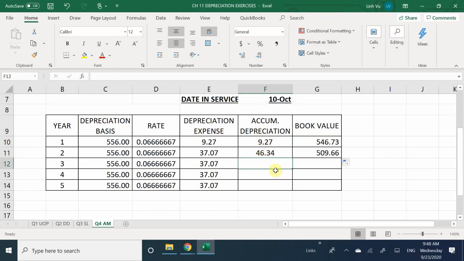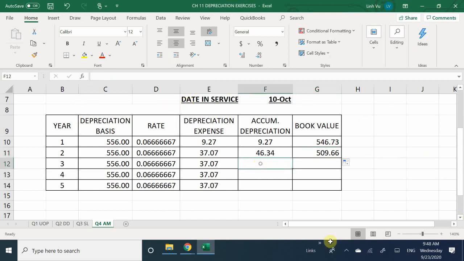It's 46.34, and the book value is 509.66. It's correct. In this case, there's only one number that you need to deal with, and that is just your asset cost, which in this case is 556. So let's go ahead and solve for the rest.